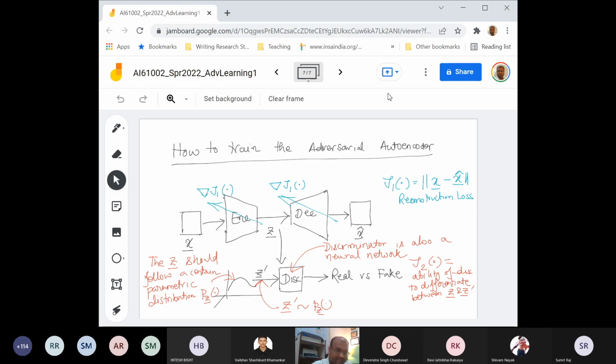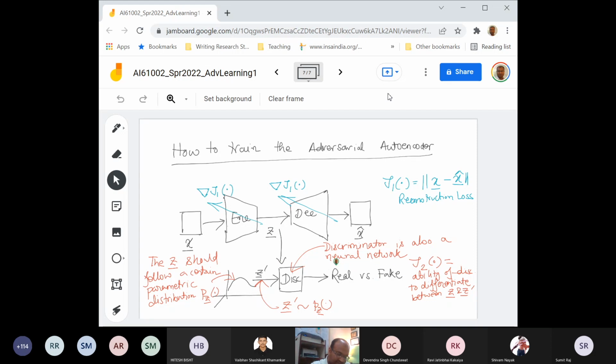Initially, when I start this whole training mechanism, for every corresponding X there will be a Z generated, and you will also generate a random Z prime from here. When you feed the generated one through the discriminator, the expectation is that it calls it fake. When you feed the random sample through the discriminator, the expectation is that it calls it real.